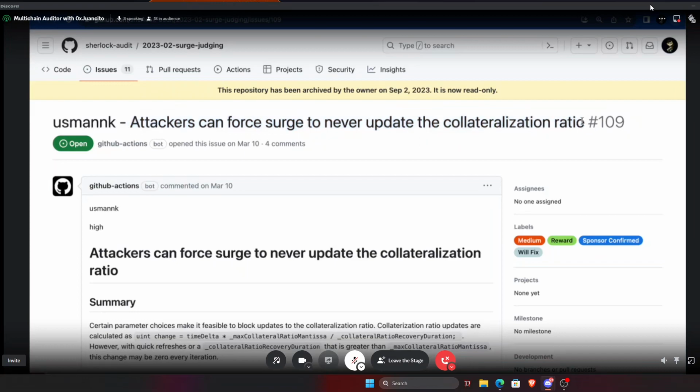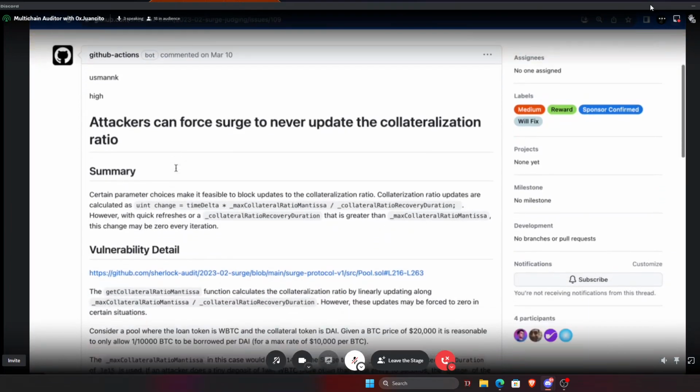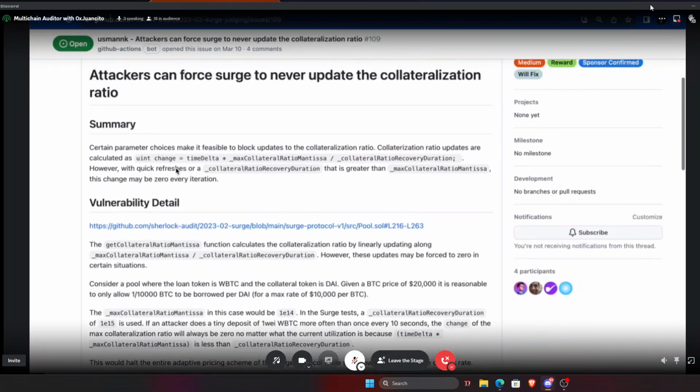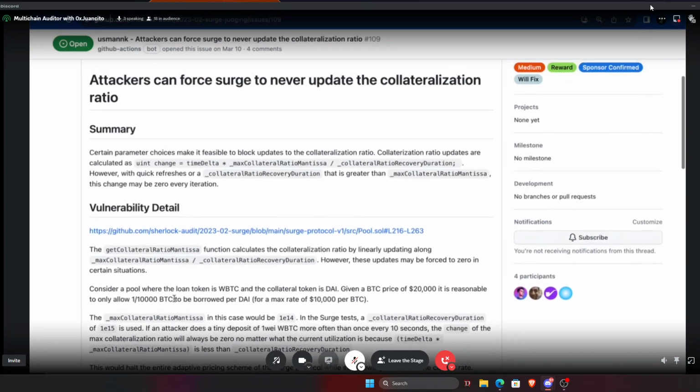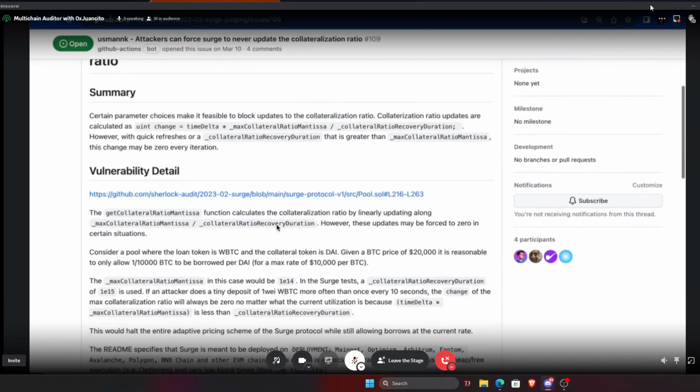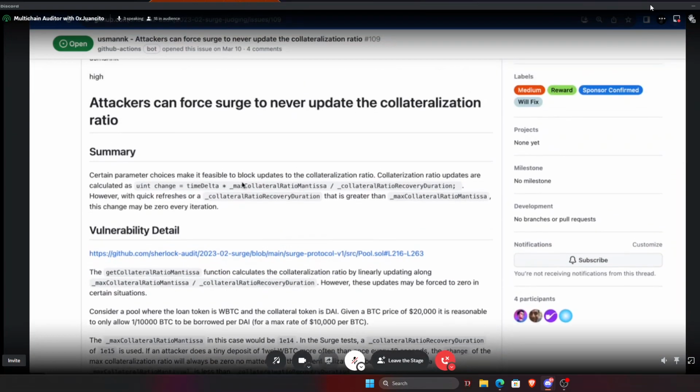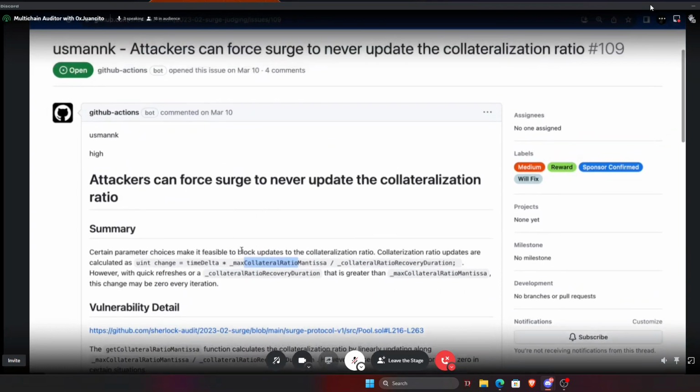So this is very specific to the protocol, but what we want to take notice of is that they have some function. It doesn't matter. It's some function to update the collateral ratio. And some attacker can front run it because they might have some open permissions or so.